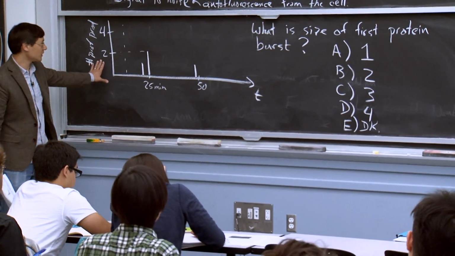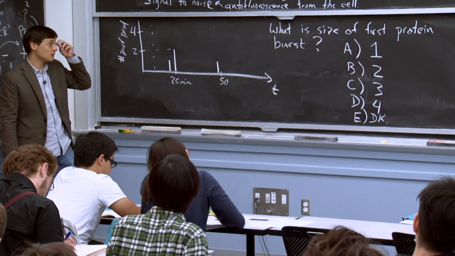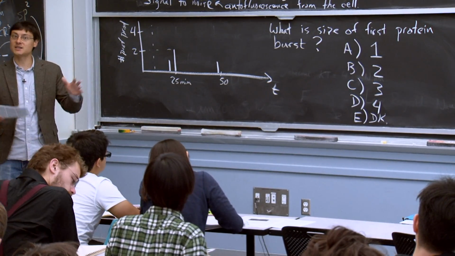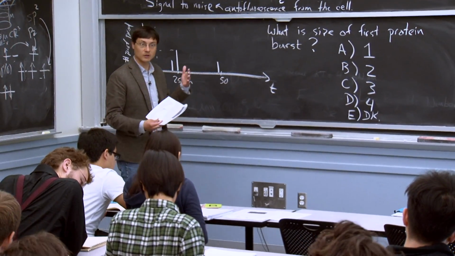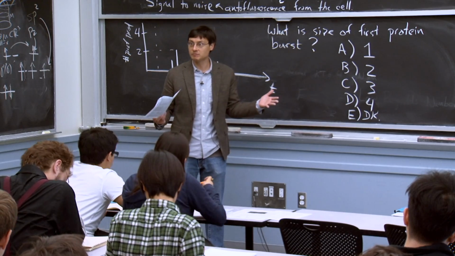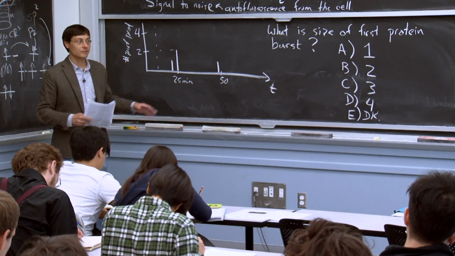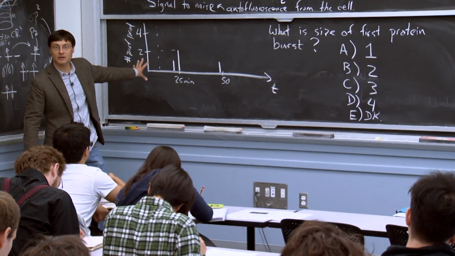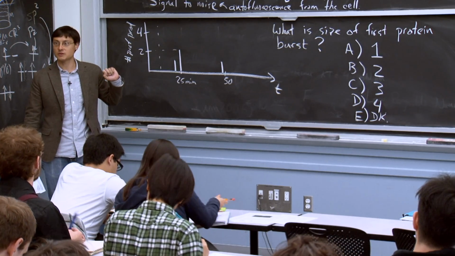So you can either look at my beautifully drawn illustration, or you can look at the paper in front of you. This is a paper analyzing the size distribution of protein bursts observed in living cells. That's the point of this paper. Now the question is, from the data that they're collecting, we want to know what is the size of the protein burst, the first protein burst.